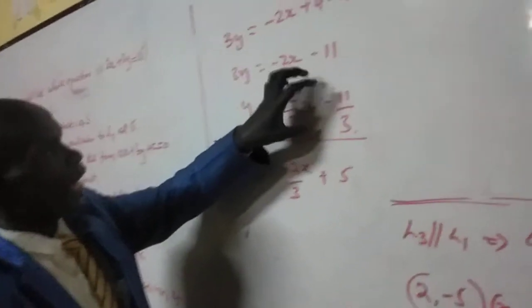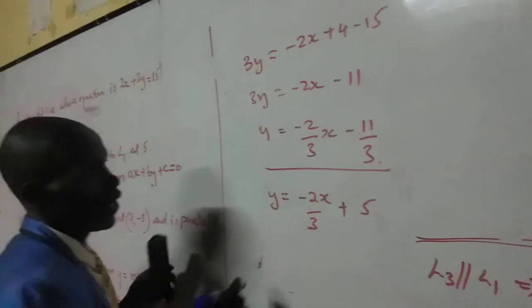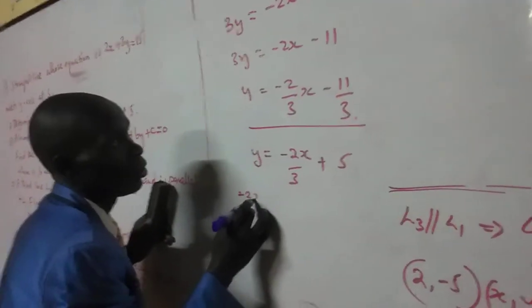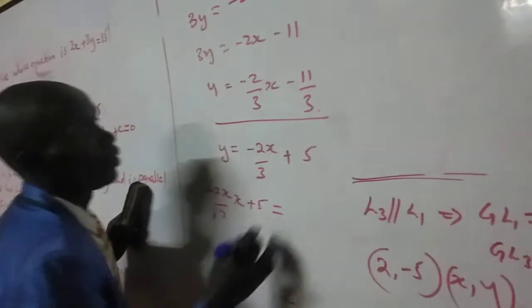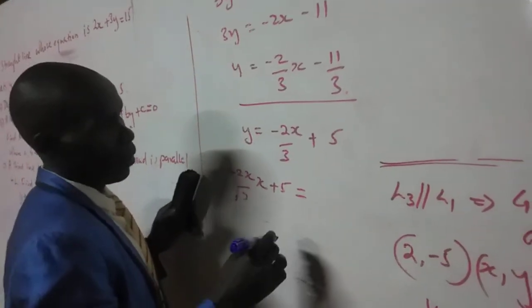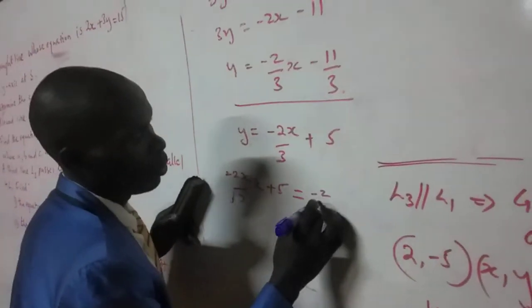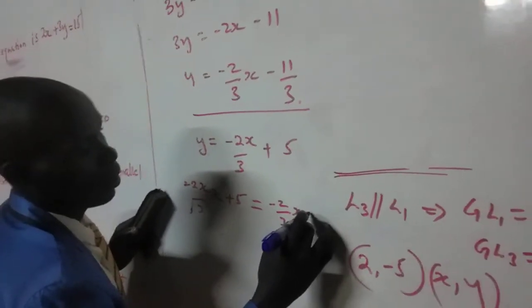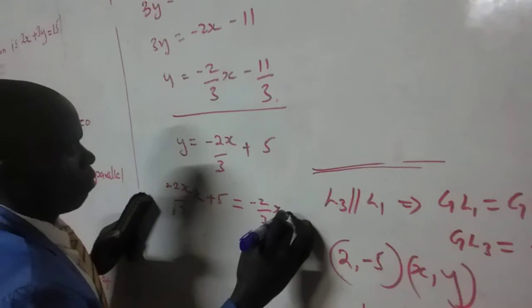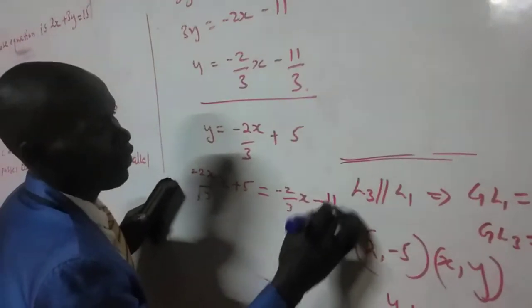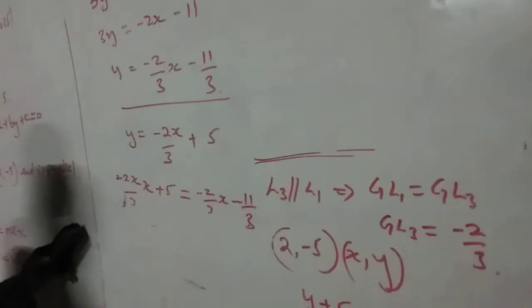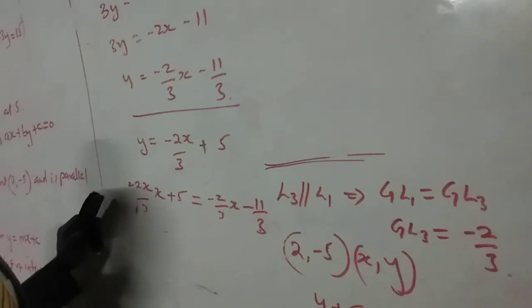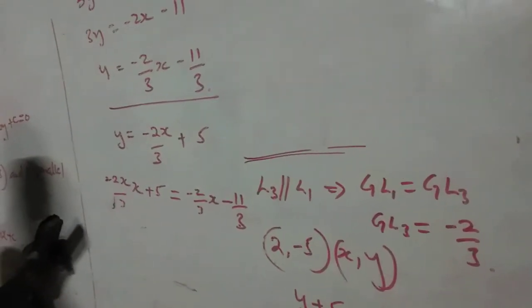This is the equation of line L3. Then we equate this to this. Then what do we have?